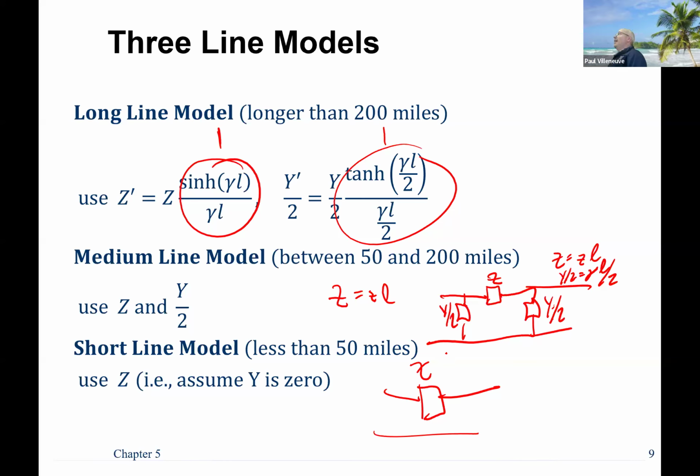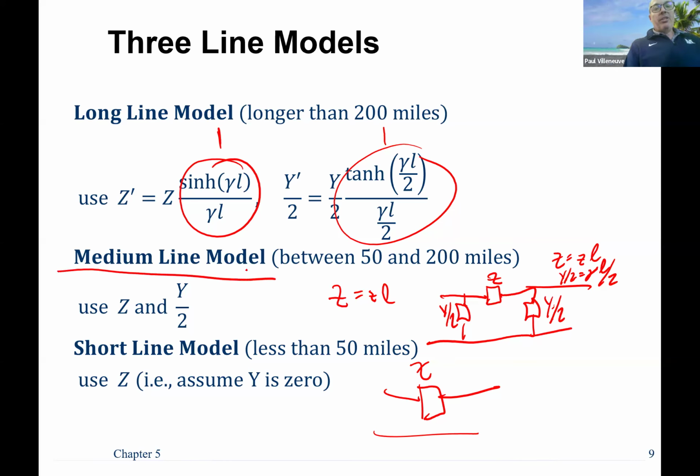Okay? Now, if you're capable, you can always use the long line model because that's the most accurate. So if you want really high precision, you're more than welcome to use the long line model. But I will tell you in industry, it's pretty rare that you're going to get characteristic impedances. It's very rare you're going to get lowercase z and lowercase y. I've done a bunch of transmission line modeling, and even for longer lines, although all my work has pretty much been done on the East Coast, and the lines tend to be pretty short.